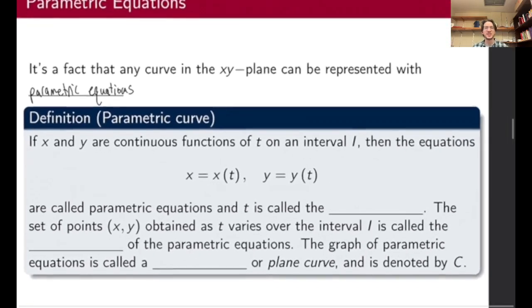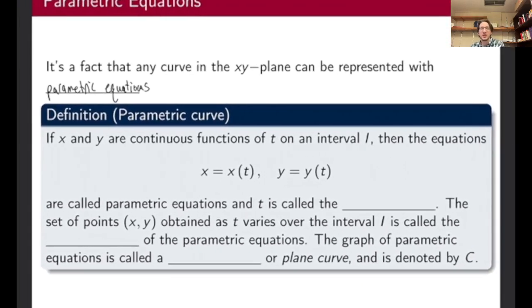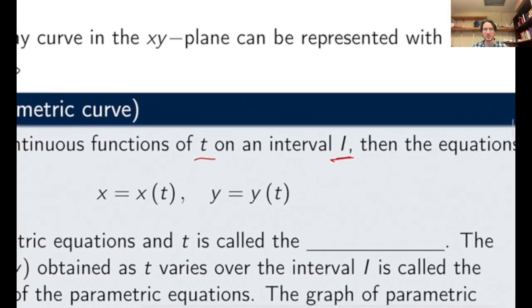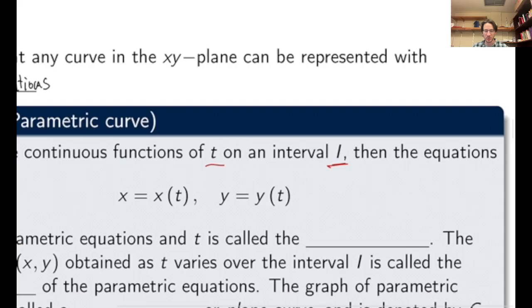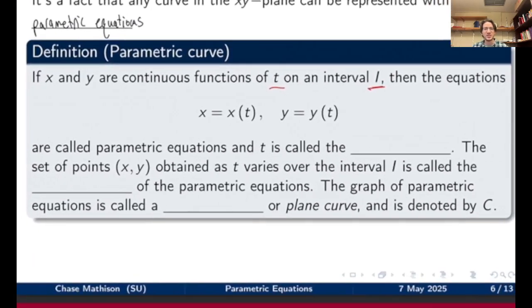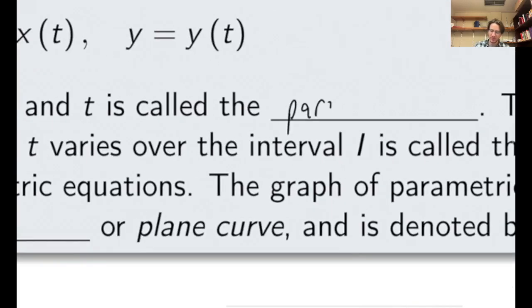Okay. So let's say x and y are continuous functions of some parameter t on an interval I. So these things need to be known to you when you're plotting a pair of parametric equations. Then the equations x equals x of t, y equals y of t are called parametric equations, and t is called the parameter.